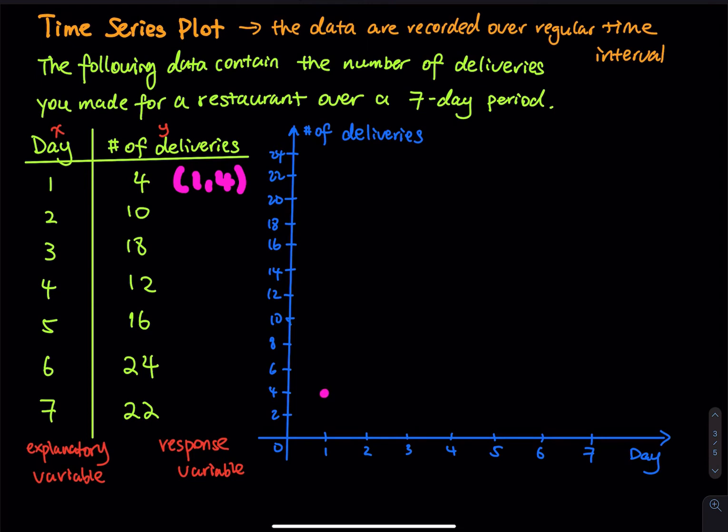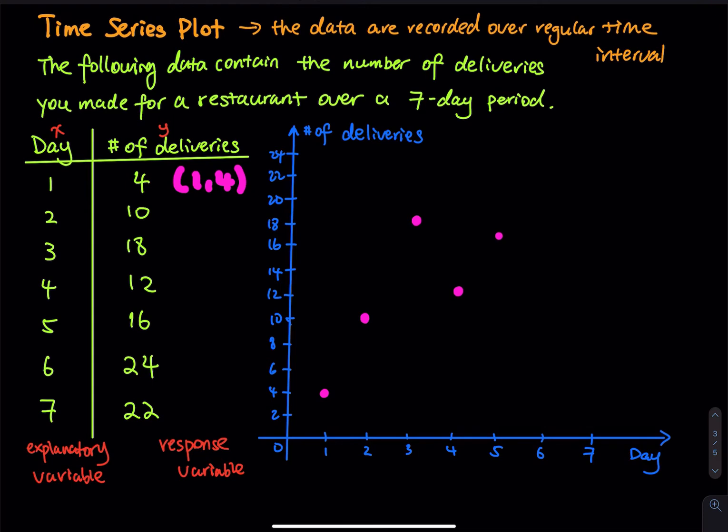And then day 2, you have 10 deliveries, right? So x is equal to 2, y is equal to 10. Day 3, x is equal to 3, y is equal to 18. And then day 4, x is equal to 4, y is equal to 12. And then day 5, x is equal to 5, y is equal to 16.